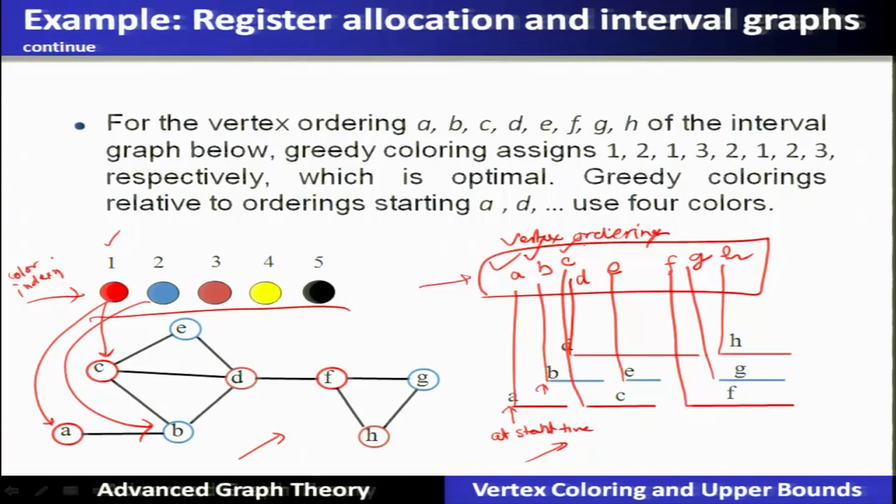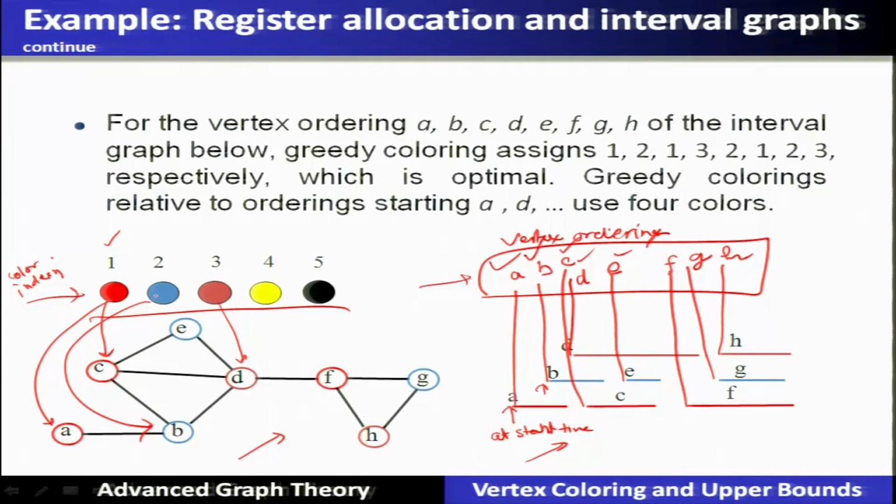As far as D is concerned, D is the neighbor of C and B. C has color number 1, B has 2. So the third color is given to D. Similarly, E is a neighbor of C and D. C has color 1, so E cannot use color 1.